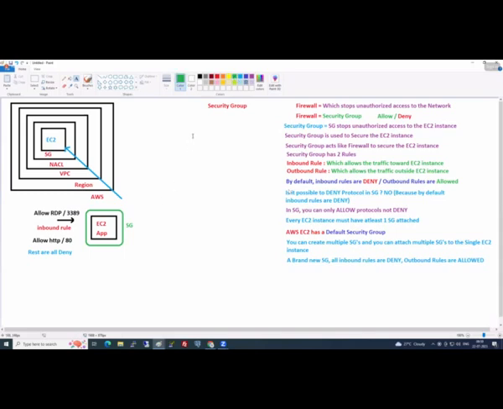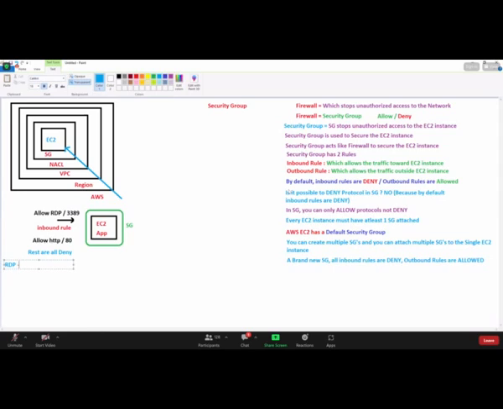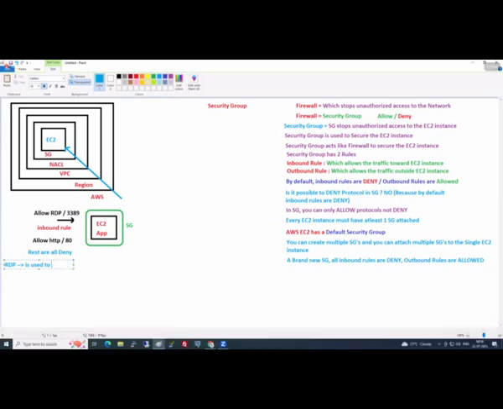And I write this for you also. Those who have confusion, RDP is used for what? RDP is used to log in or connect to the Windows EC2 instance.